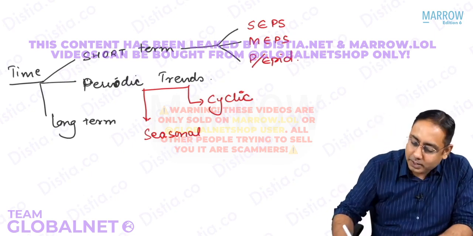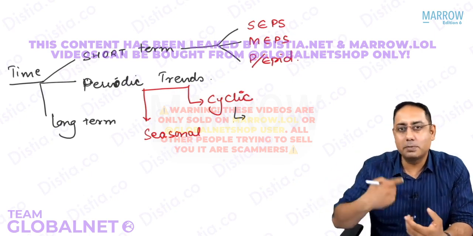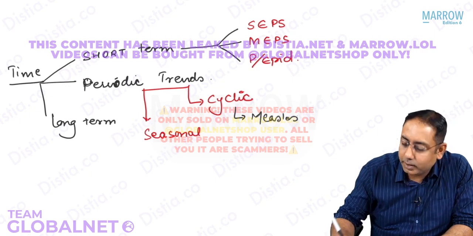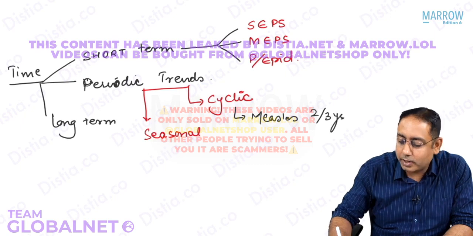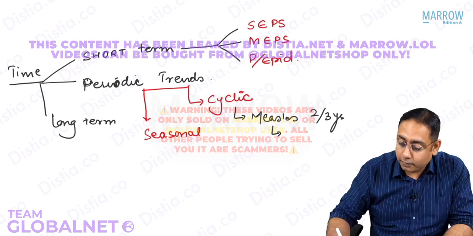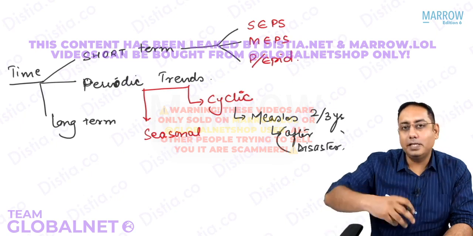So cyclic trend means what? Example, direct MCQs, right? Cyclic is something which comes back again and again. An example for this could be the measles epidemic. Do you know that a measles epidemic in the world can happen after every 2 to 3 years? That is a cyclic trend. Measles epidemics may also occur after disasters, because there is a decrease in measles vaccination.